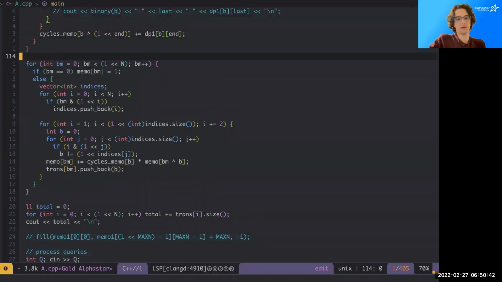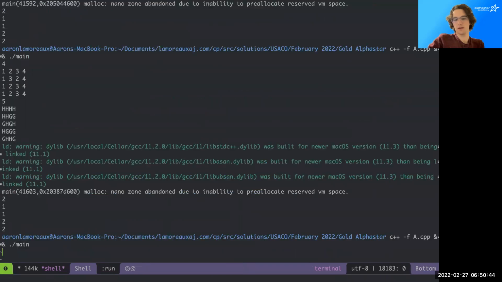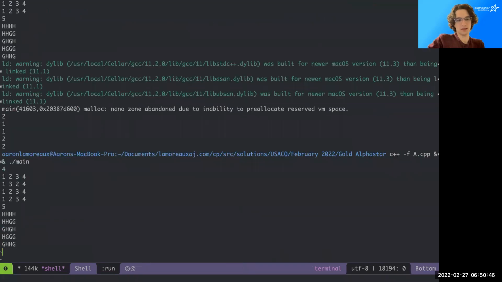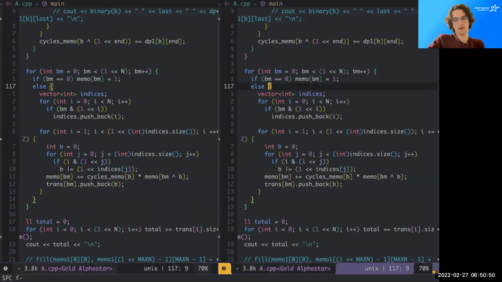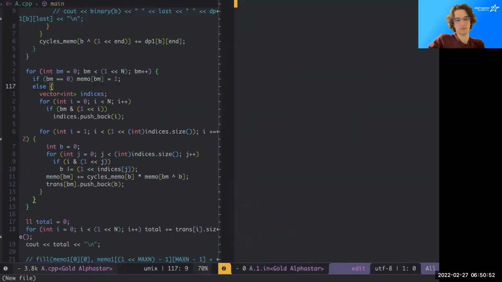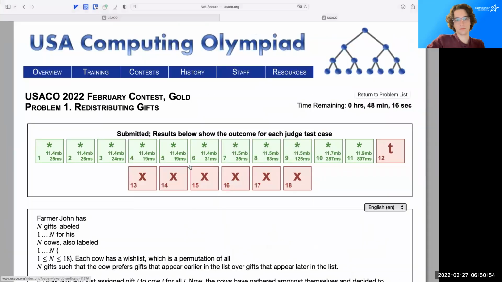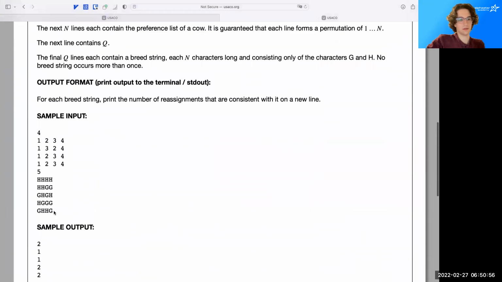Like if we were to pre-compute these and then submit, how many transitions would we actually expect to see? Let me take the input.